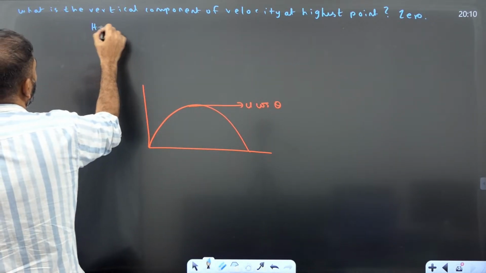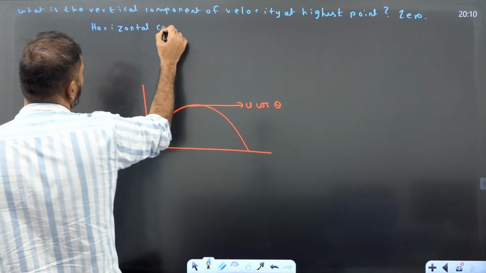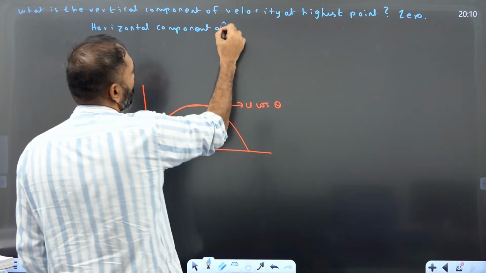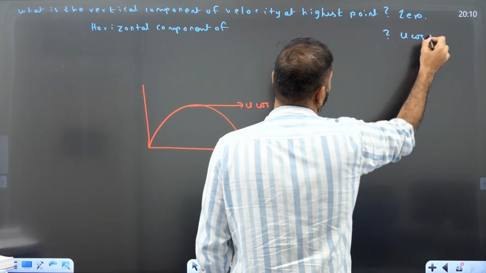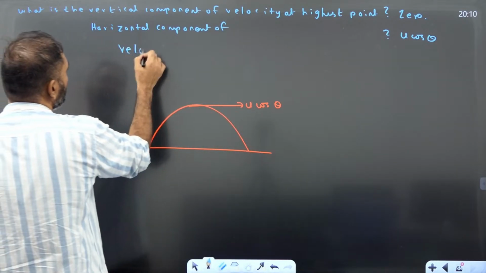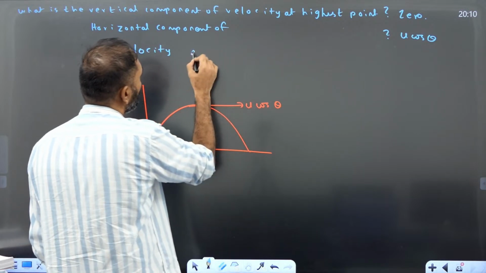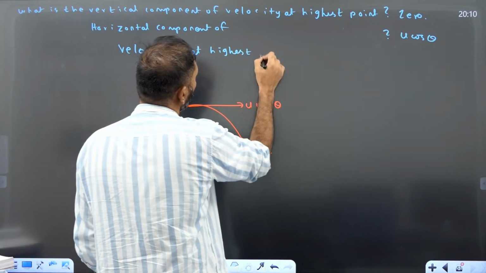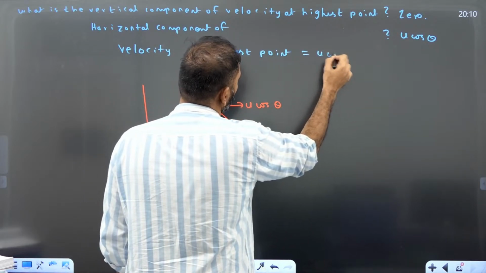Horizontal component of velocity at the highest point. Answer U cos theta. Now, what is the velocity at the highest point? Again it is U cos theta.